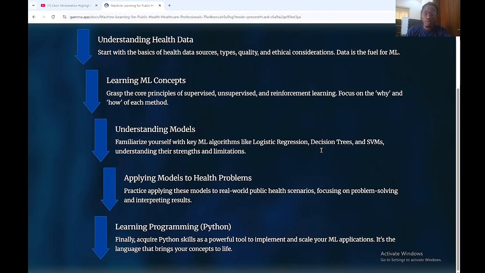You need to expose yourself to diverse research questions, making sure you understand the reasons why we choose which model makes sense. I would also enjoin you to understand some of these models. You need to familiarize yourself with key models like logistic regression, decision trees, and support vector machines, understanding their strengths and limitations. Some of these are things you can get through statistics.